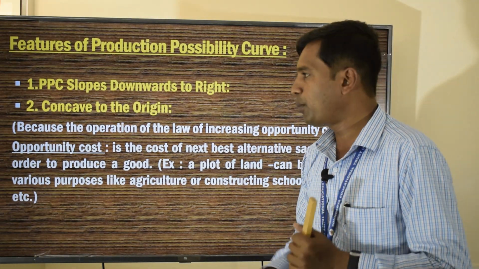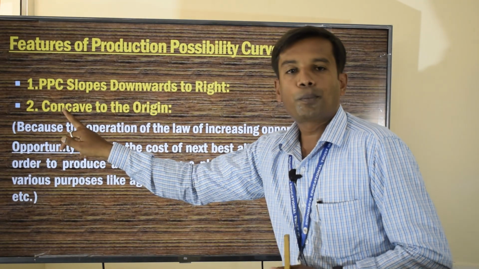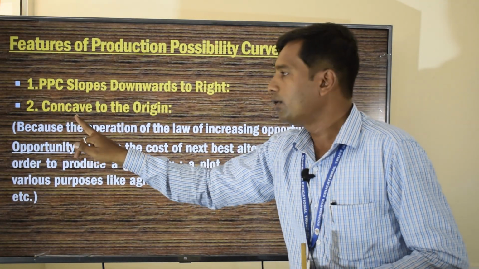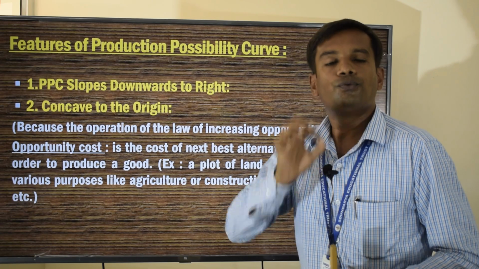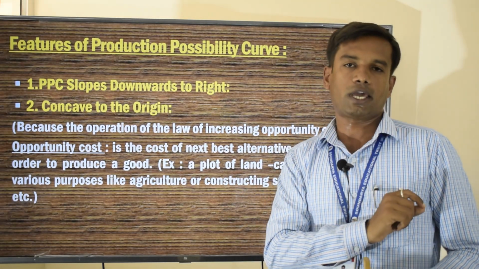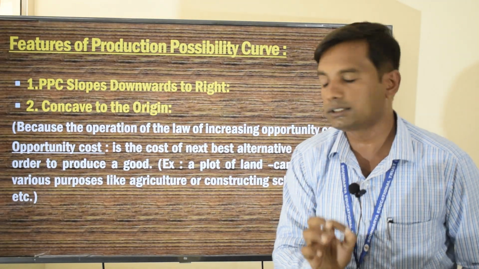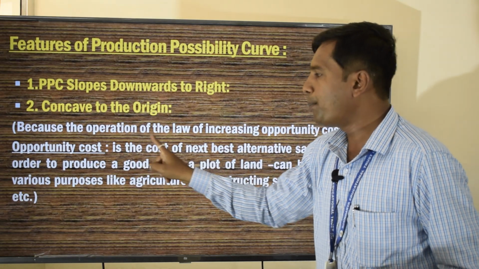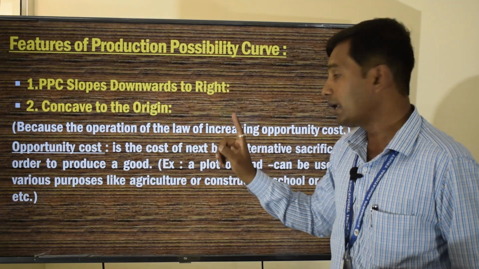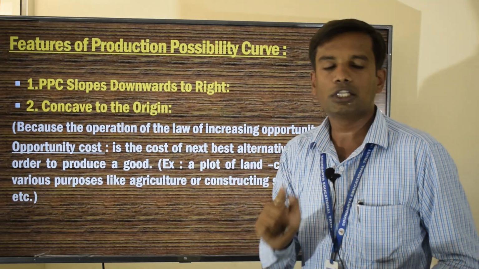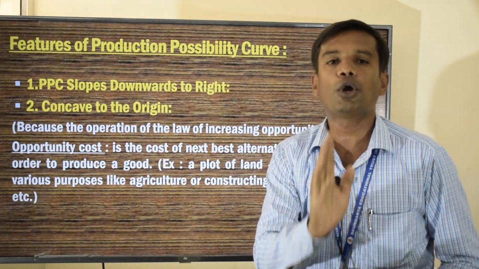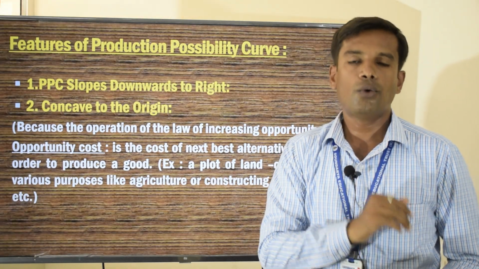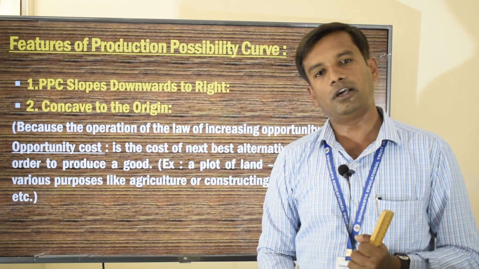Carefully listen to this point. The production possibility curve is always concave to the origin. Why is it in the form of concave? The answer is because of the operation of the law of increasing opportunity cost. In short I would like to say because of opportunity cost. What do you mean by opportunity cost here?